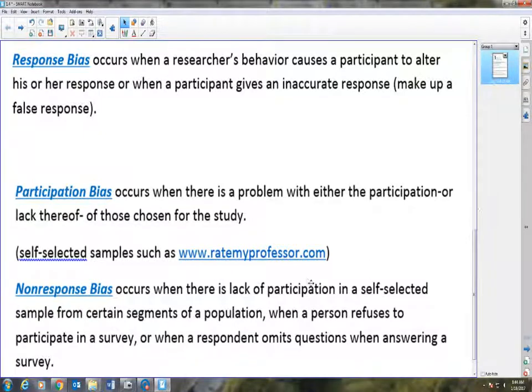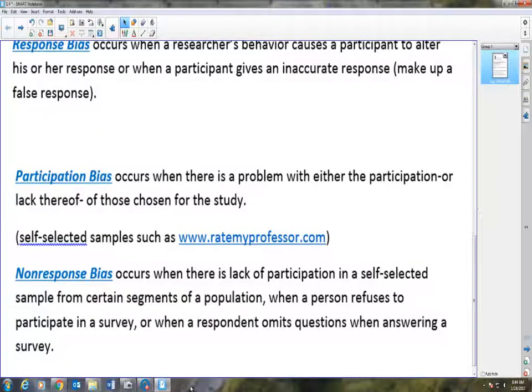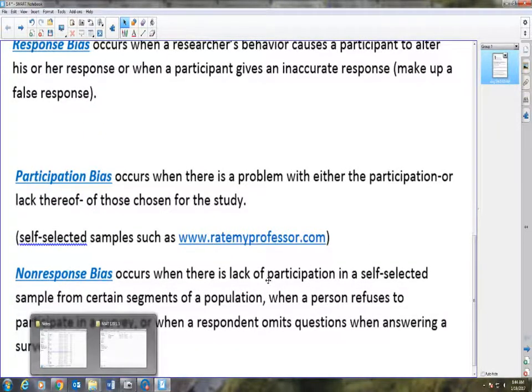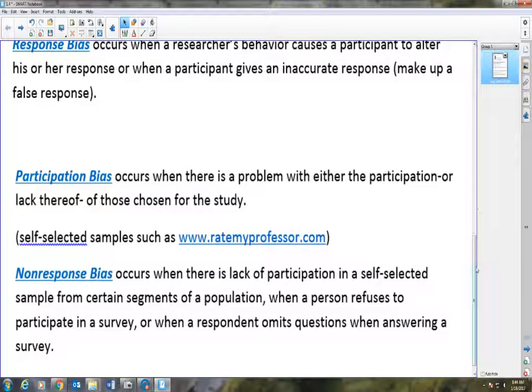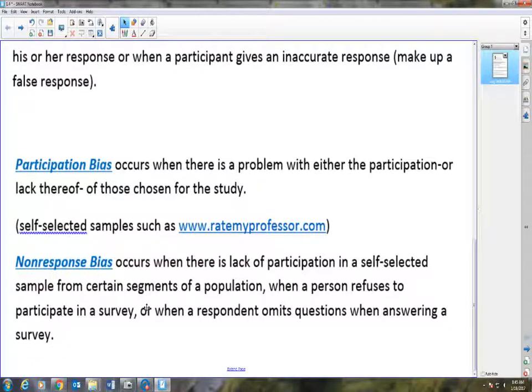Now, when we do an online survey for this class toward the end of the semester, that is actually not self-selected, because the researcher from our institution selected this class to survey the students. That's not a type of bias.